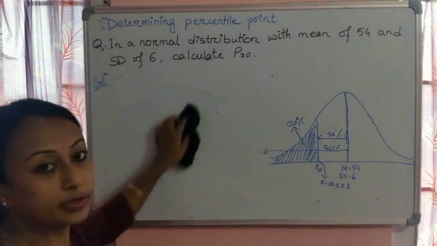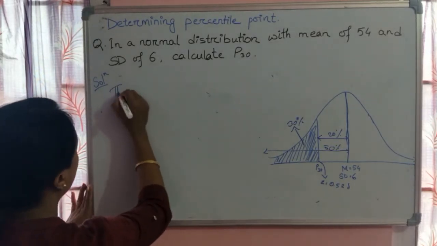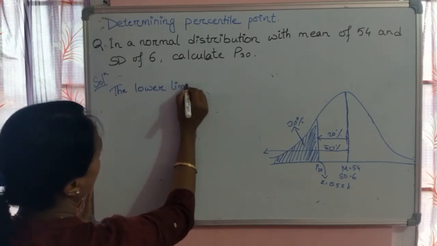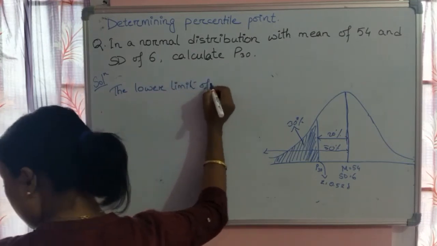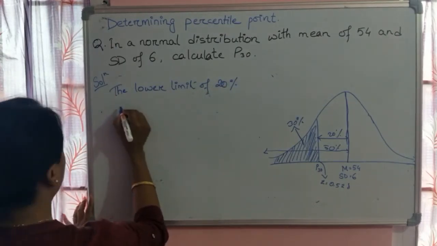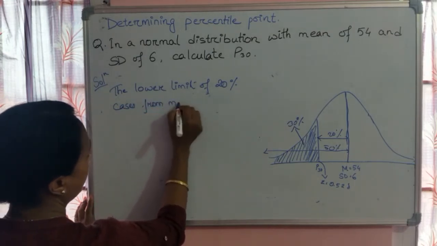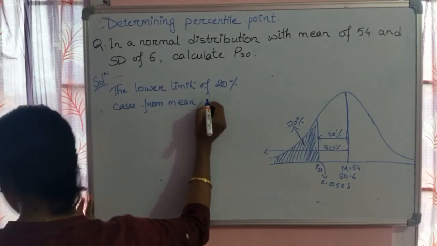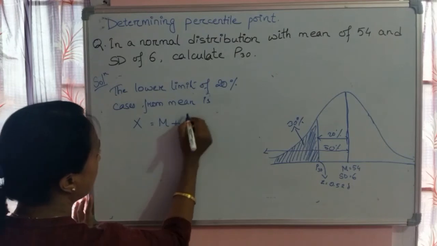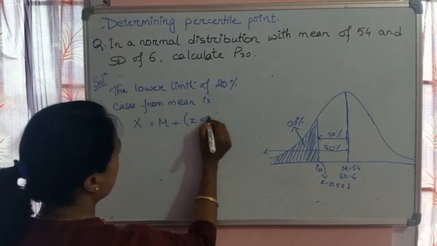So we have to put the formula first. The lower limit of 20% cases from the mean, how do we find this? X is equal to m plus z into standard deviation.